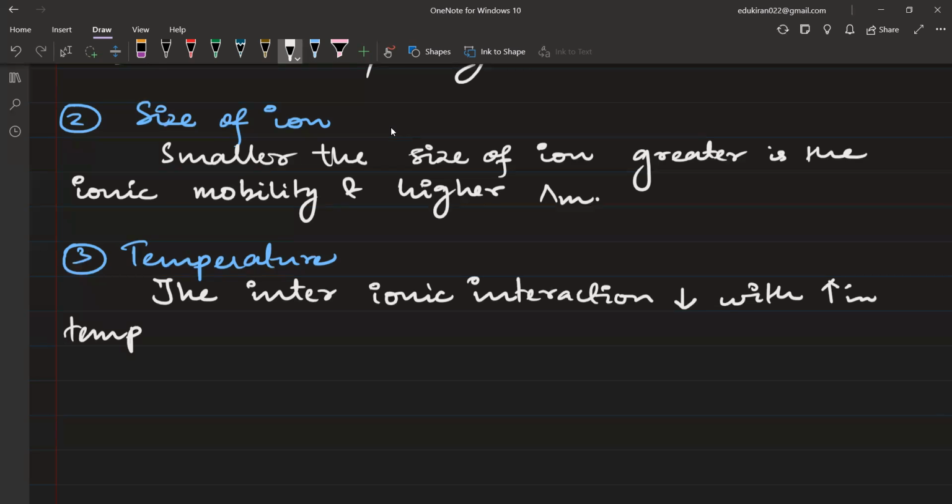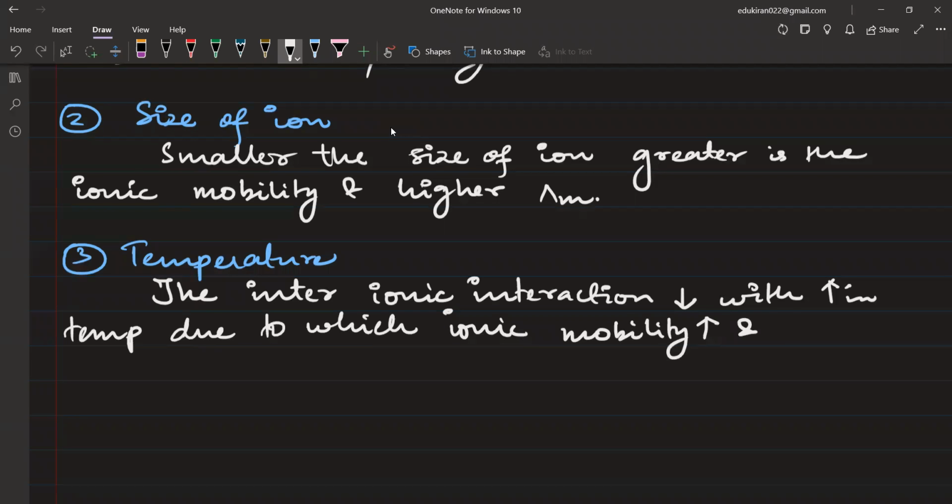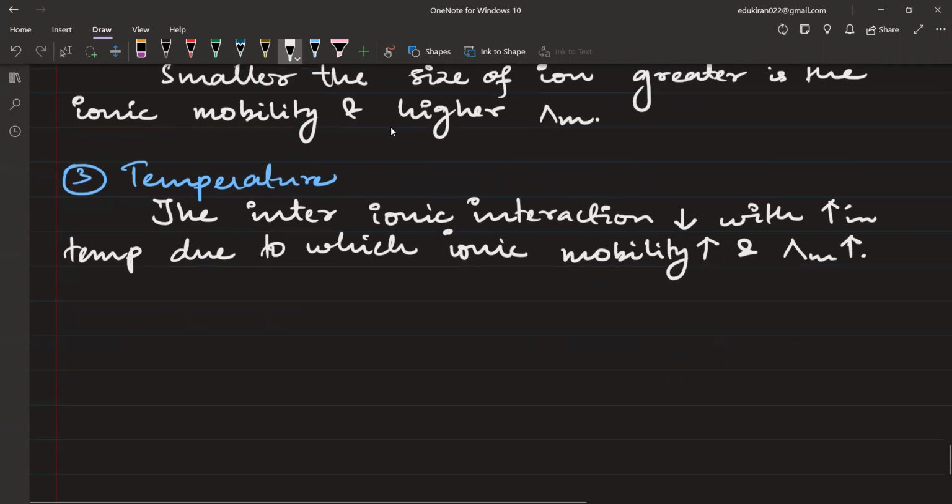Okay, so दो ions एक दूसरे से उतना बात नहीं करते हैं ना. They will not be talking too much if you are having high temperature. And if they are not talking too much, that means they are moving very fast, due to which ionic mobility increases and molar conductivity also increases.